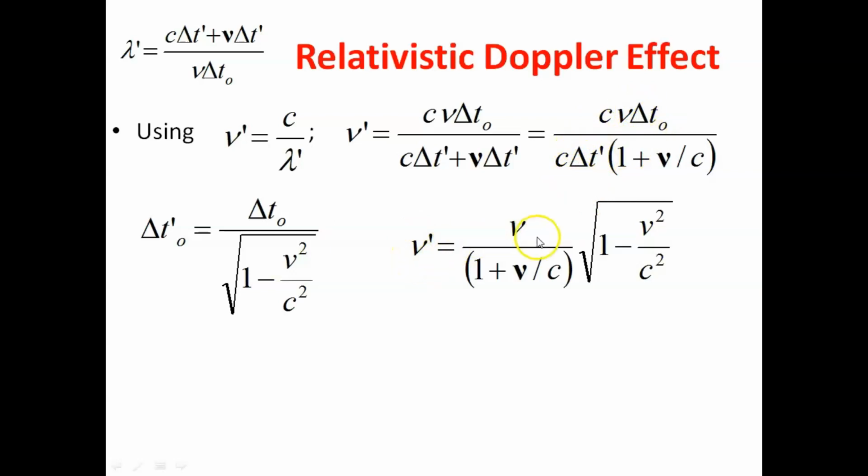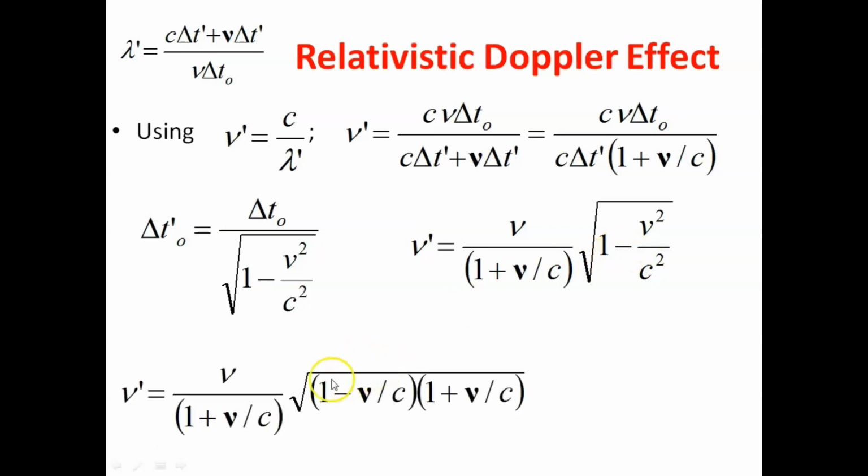nu dash equal to nu upon 1 plus v by c inside the bracket under root of 1 minus v square by c square. For the quantity inside the bracket, 1 minus v square by c square, we shall look for a square minus b square as a minus b into a plus b.